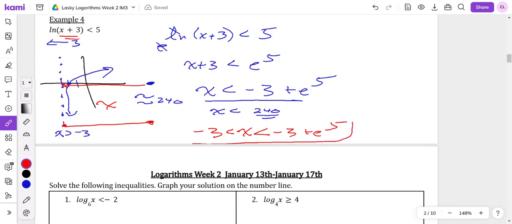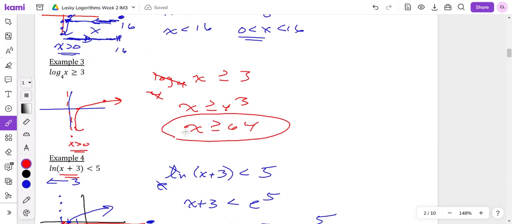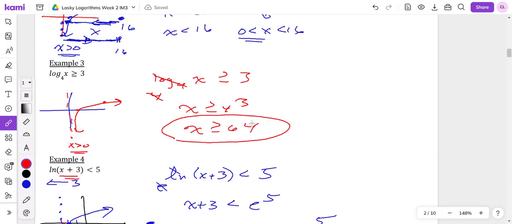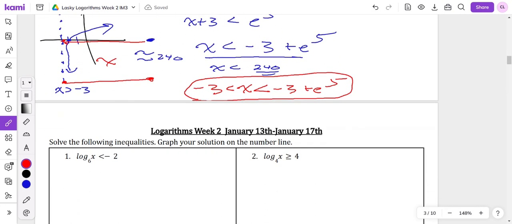That's my answer. Because we have to honor the fact that the natural log graph can't go below -3. So when they're less thans, we're going to get some value that looks like this. And when they're greater thans right now, we're going to get some value that looks like this.